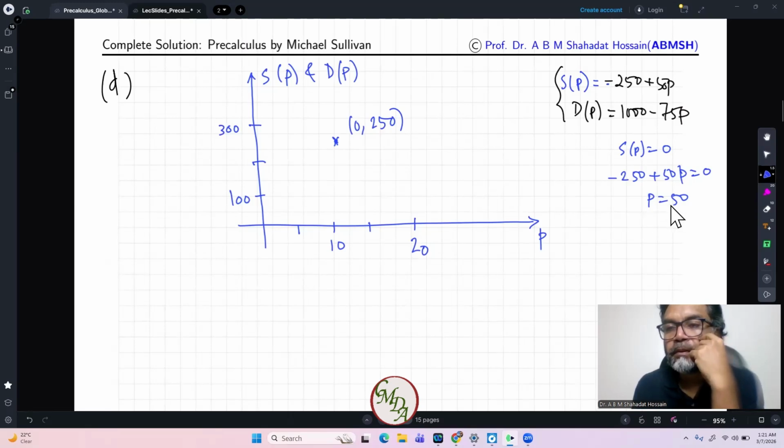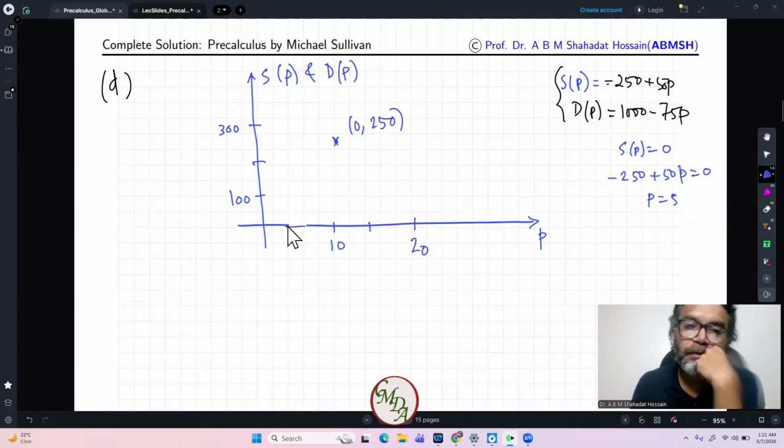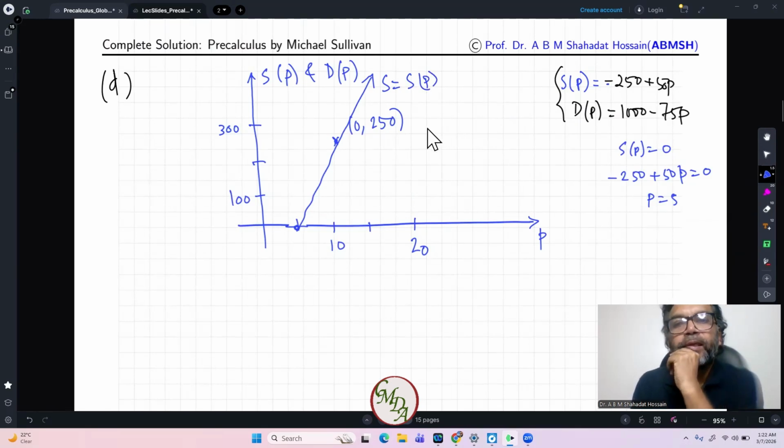So p is here 5, not 50. So this is the p-intercept, or I can say x-intercept. By joining these two points, we can model the supply function S of p, because it's a straight line increasing, because the slope is positive.